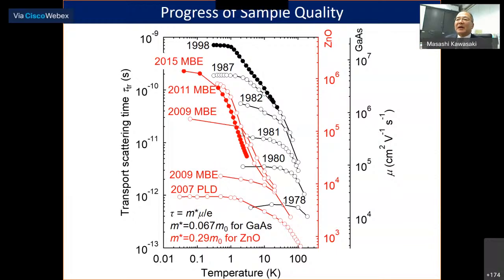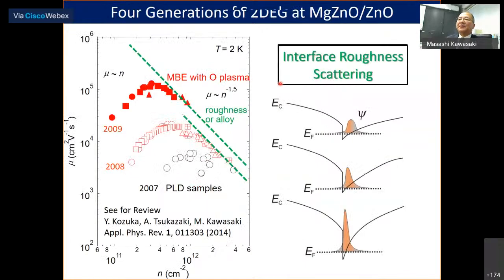This is our 8 years of progress. The first quantum Hall effect was developed in pulsed laser deposition grown zinc oxide, and we switched to MBE, and we tuned up all these MBE parameters to get higher mobility. And zinc oxide now rivals gallium arsenide in terms of scattering time.